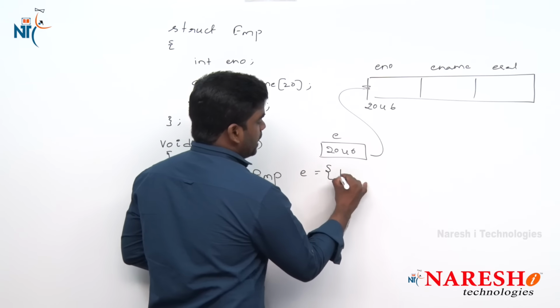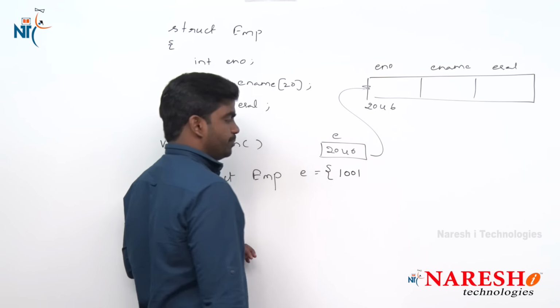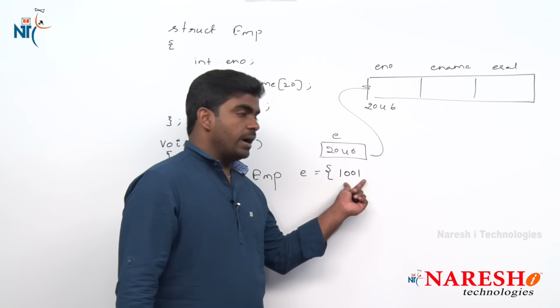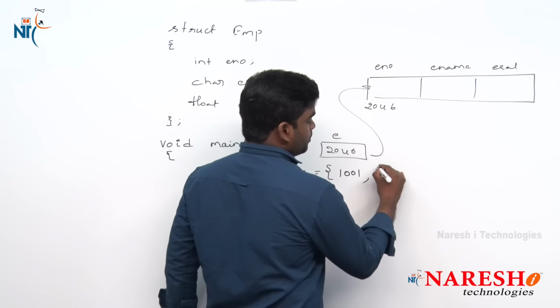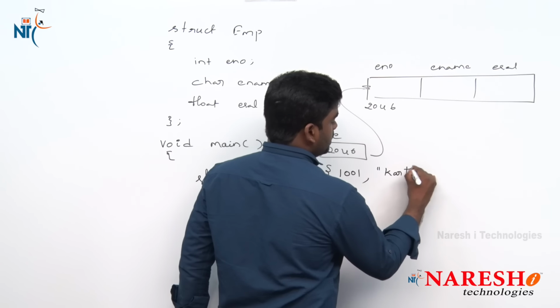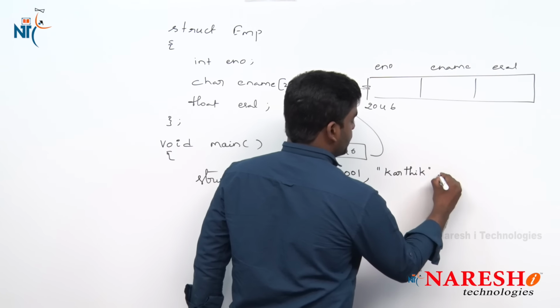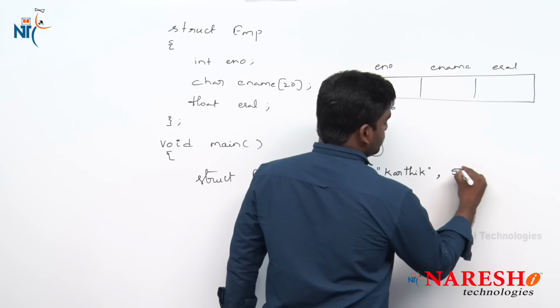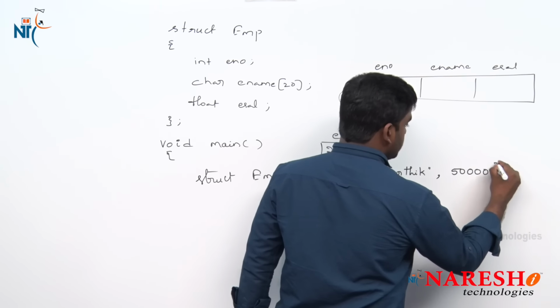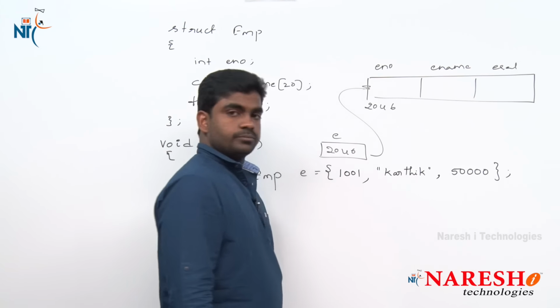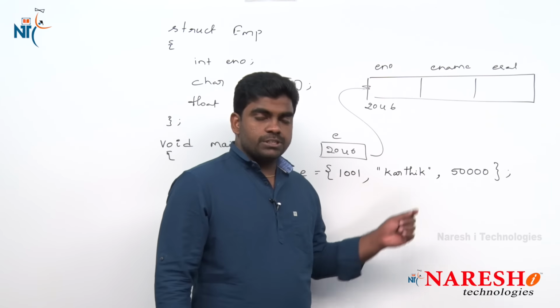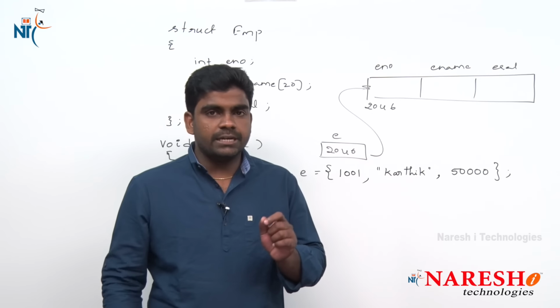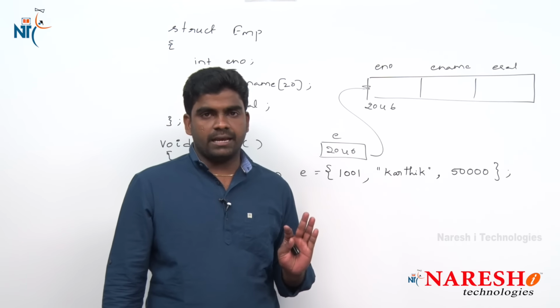Suppose 1001 is the employee number, employee name, for example Karthik is the employee name, employee salary, for example 50,000 is the employee salary. Strings we represent using double quotations in any programming language.